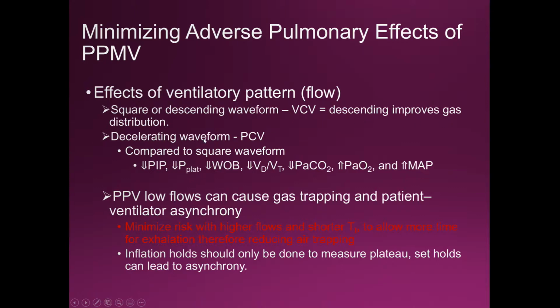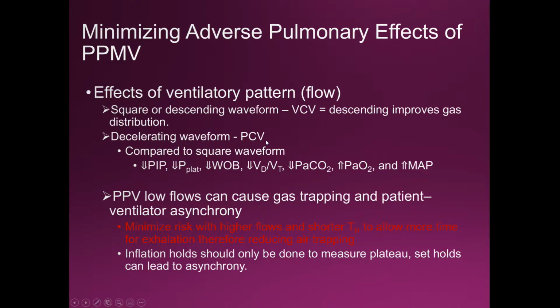In pressure control, a descending waveform is going to show a decrease in PIP, plateau, work of breathing, dead space of tidal volume, a decrease in carbon dioxide, an increase in oxygen, and an increase in your mean airway pressure.